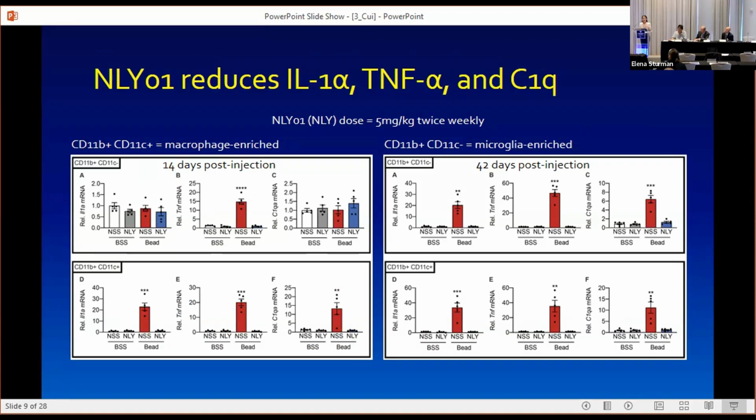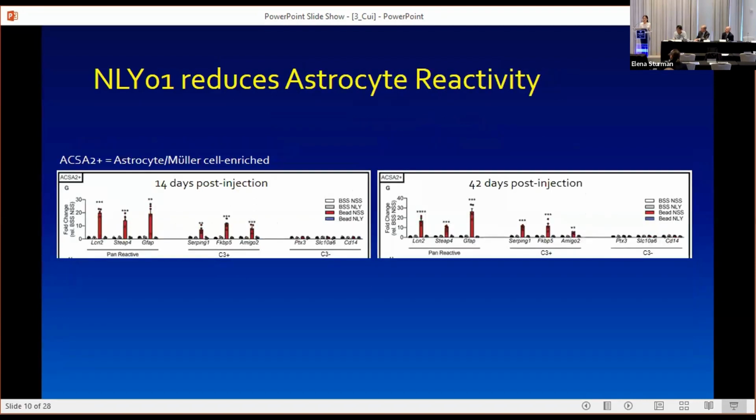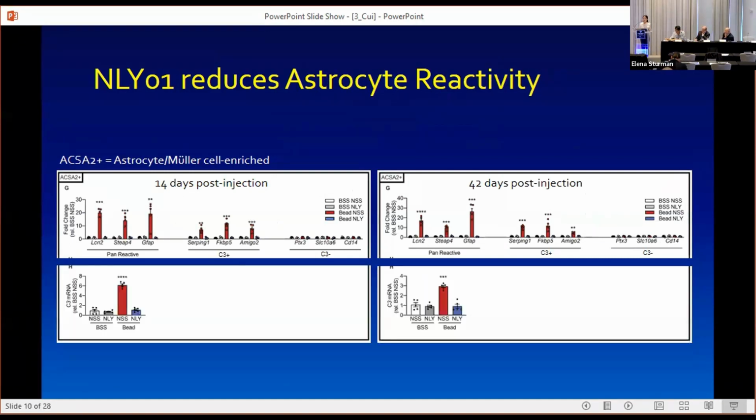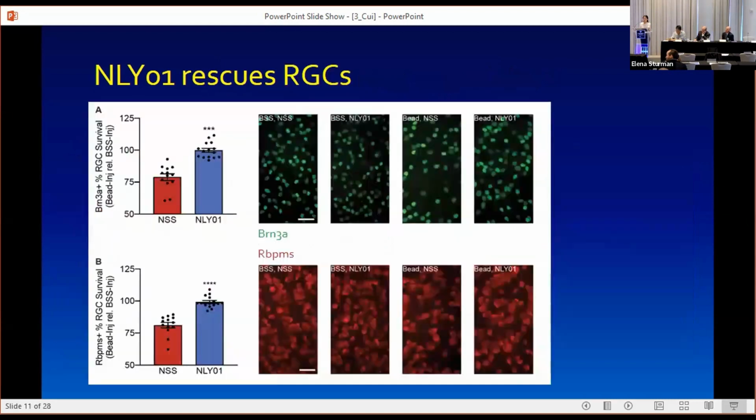This dovetails nicely with the expression time course I just showed in the previous slide. Further, NLY01 reduced astrocyte reactivity, both at 14 days and 42 days post-injection. Similar for C3 mRNA expression as well.